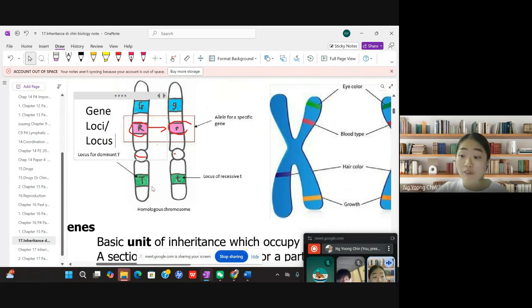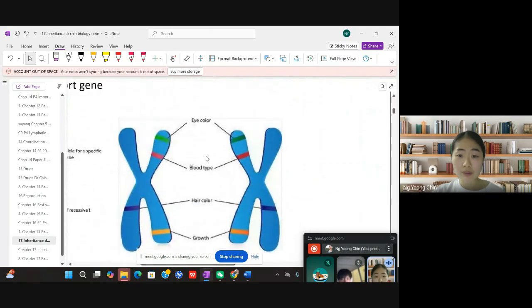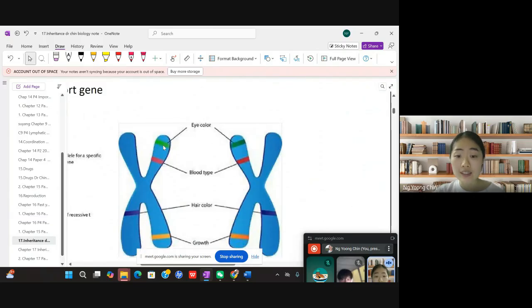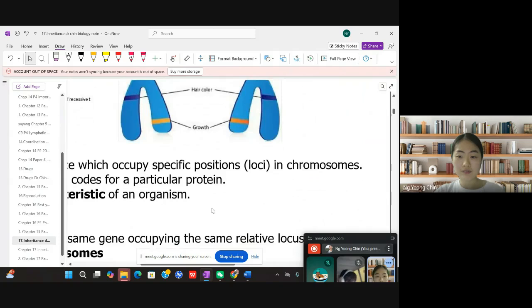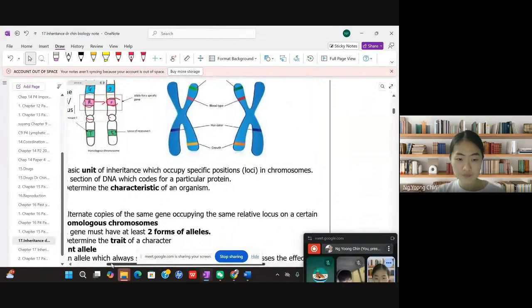So on the same chromosome, they will have different genes on it, like eye color, blood type, hair color, or growth.